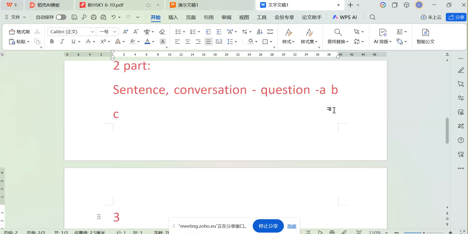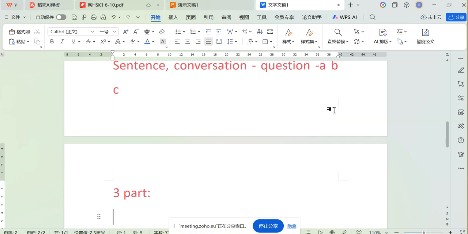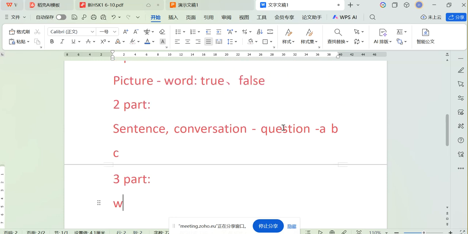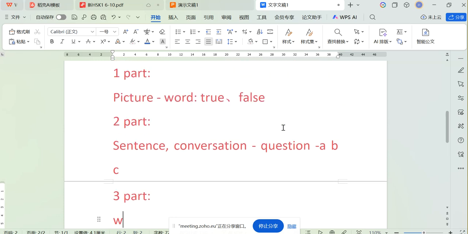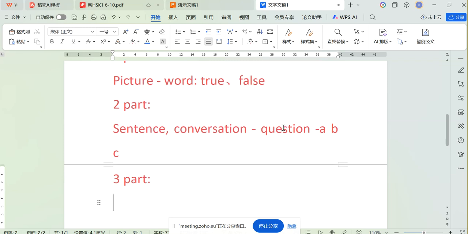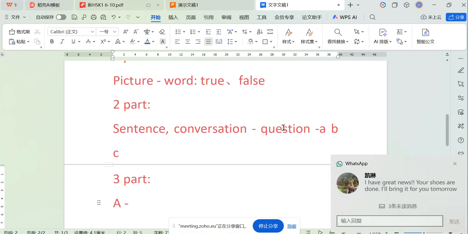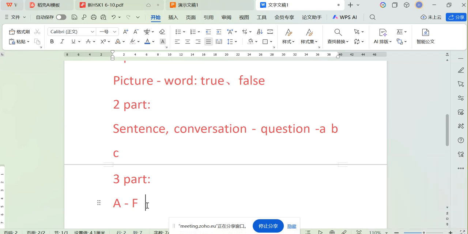And the third part, I'll give you some words. You need to choose the words to fill in the whole sentence. It can be A to F, you should choose one of the options.